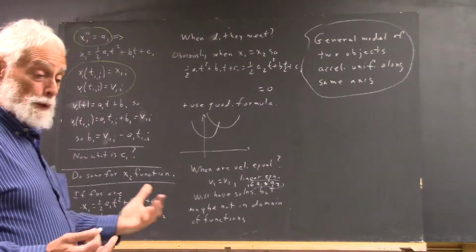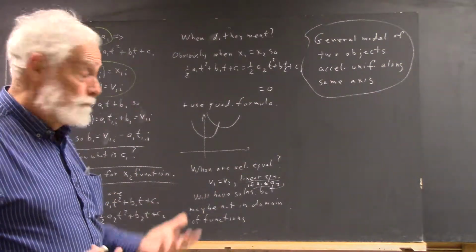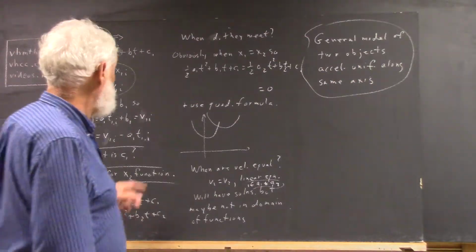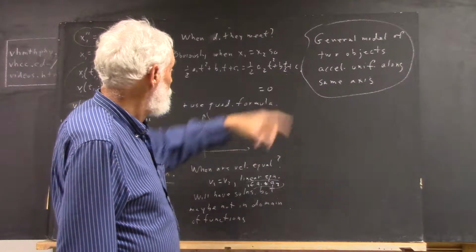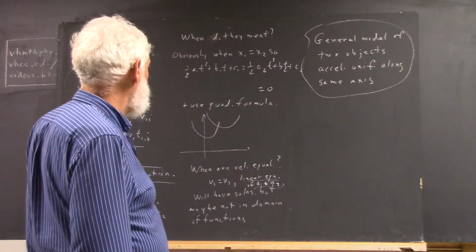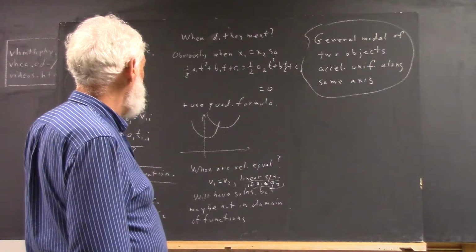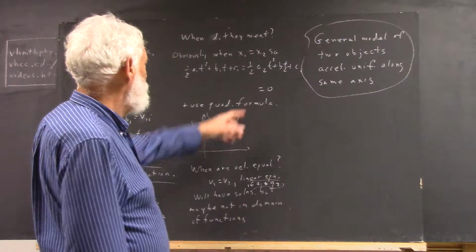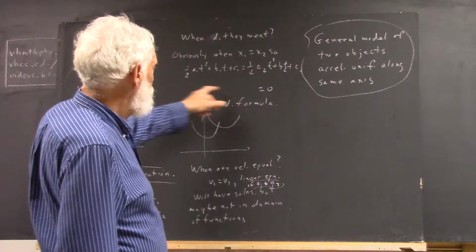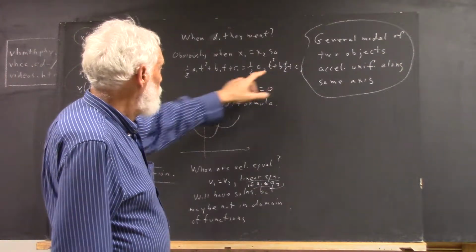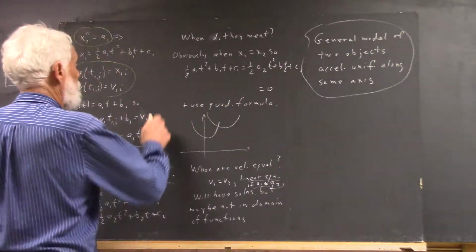So if we want to answer the question of when they meet, all we do is set x1 equal to x2, and I say equals 0. That doesn't mean that this equals 0. It means I didn't write out what you get when you move this over onto this side, but I'll go ahead and write it out right now.